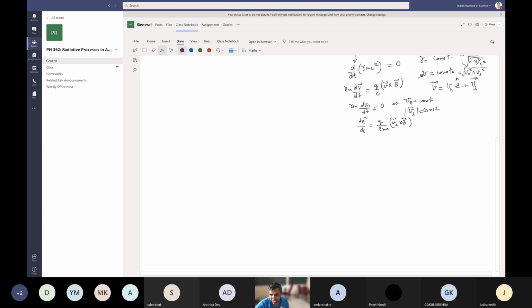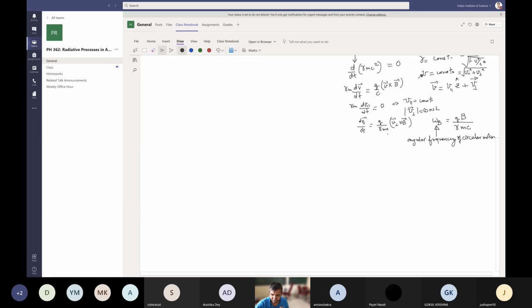And what is the frequency of that circular motion? Omega b is that frequency, the angular frequency of circular motion. This is equal to qB by gamma mc.